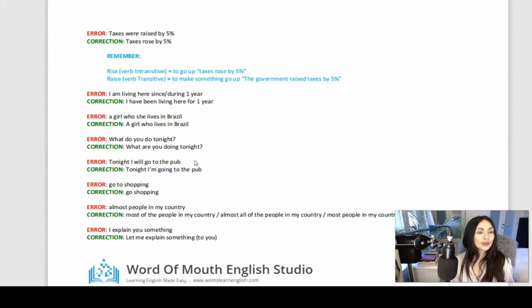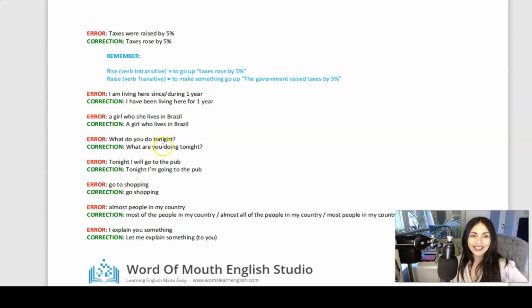The present simple tense is used to explain routine, to talk about schedule, or to talk about scientific facts, mathematical facts, physical, geographical, social facts. Right, if it's not a fact, then maybe it's routine. If it's not a fact and it's not a routine and it's not schedule, then you shouldn't be using the present simple.